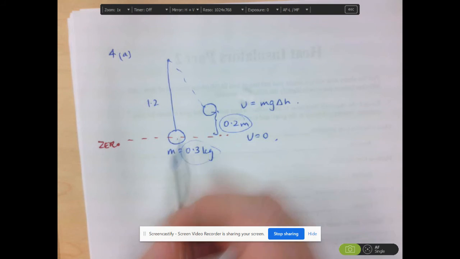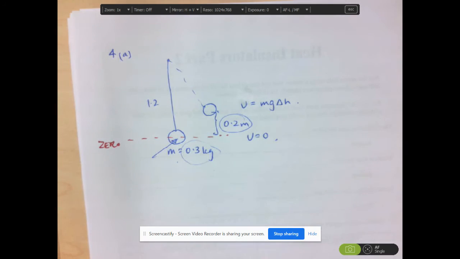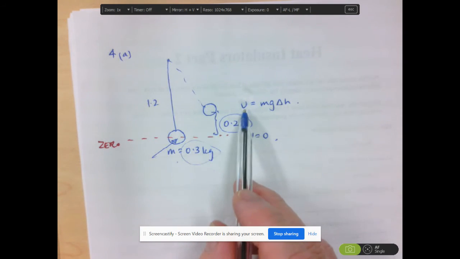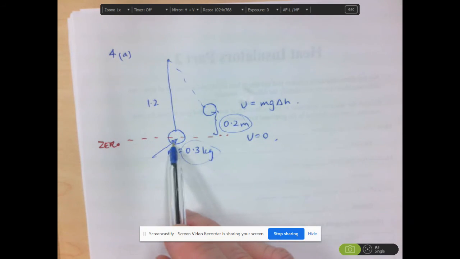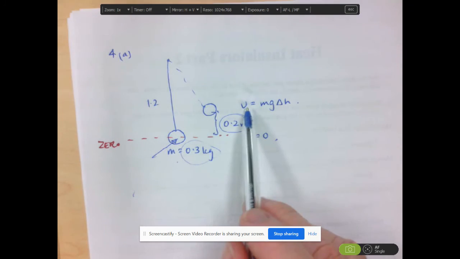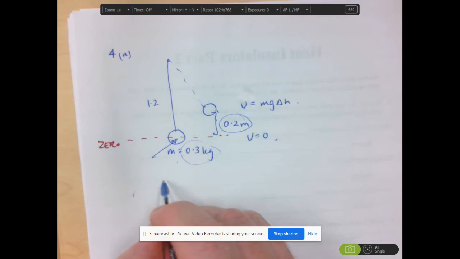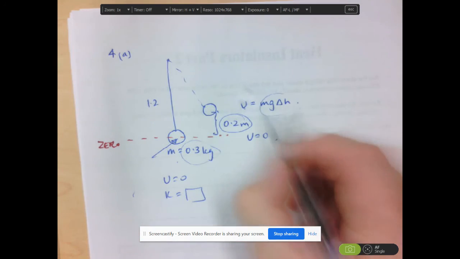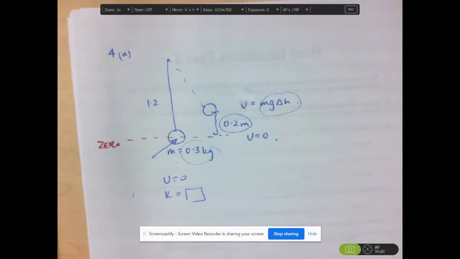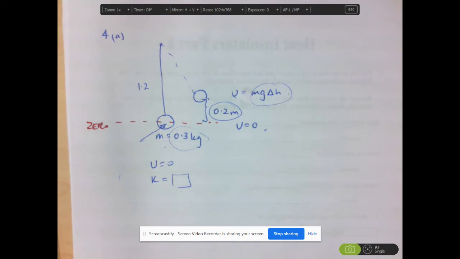Now, the equilibrium point is at its lowest point. This is what we call the equilibrium point. And at that point here, all the gravitational potential energy has been converted into kinetic energy. So down here, U equals 0 and K is the same value as this one up here. So have a go at doing that one yourself.